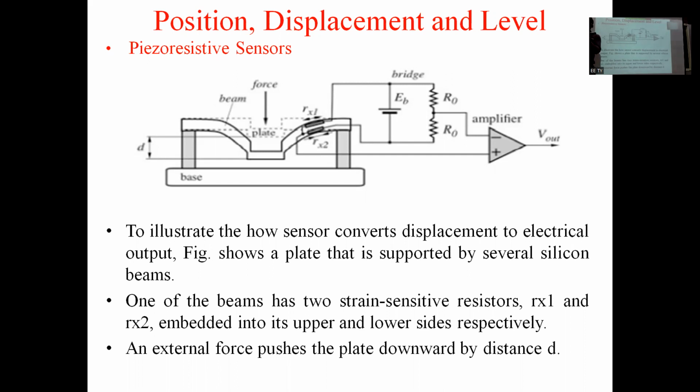At that situation जो रेजिस्टन्स किंवा स्ट्रेस स्ट्रेन सेन्सिटिव्ह रेजिस्टर which are incorporated in that beam, there is a deformation of that resistance or change of that resistance it will occur. म्हणजे जो upper side चा Rx1 आहे, its length will increase, that means it is elongated, and Rx2 gets compressed.